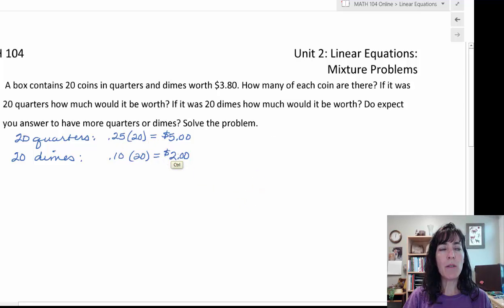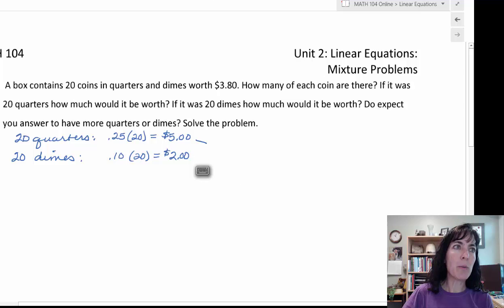Halfway between 5 and 2 is $3.50. I think $3.50 would be exactly the same number of quarters as dimes, 10 of each.